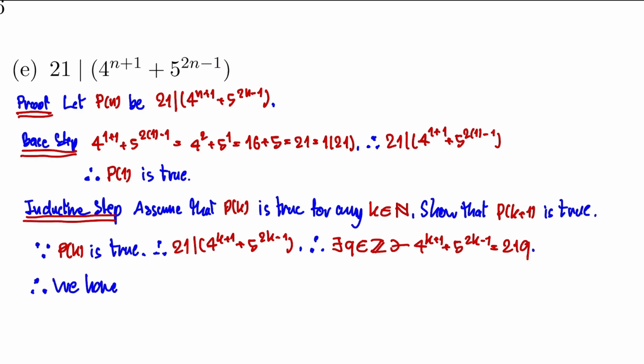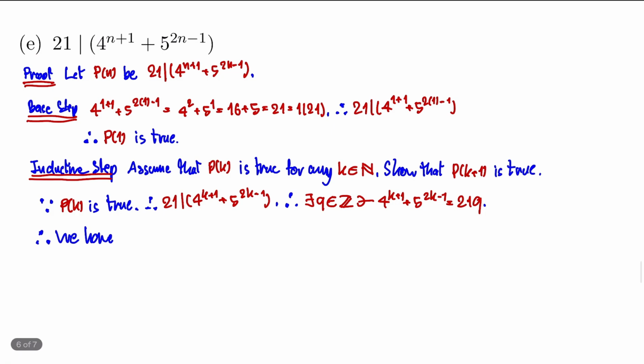So we want to show that P(k+1) is true. We've got 4^((k+1)+1) + 5^(2(k+1)-1).